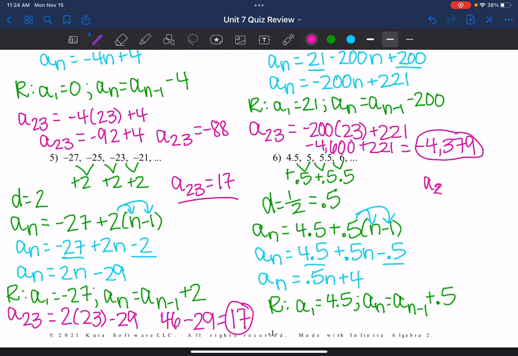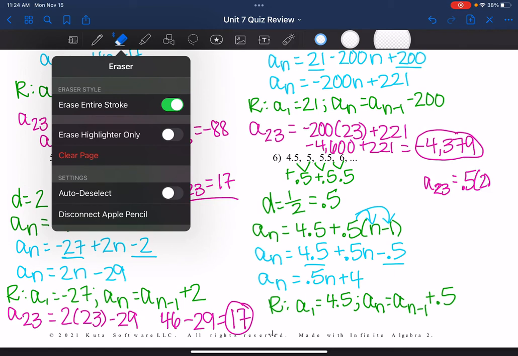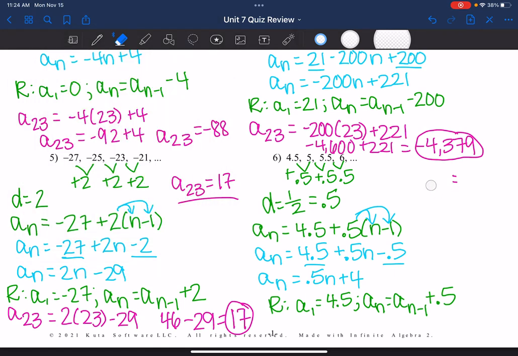Whoop, erase that. Just go ahead and redo that real quick. So a sub 23 equals 0.5 times 23 plus 4.